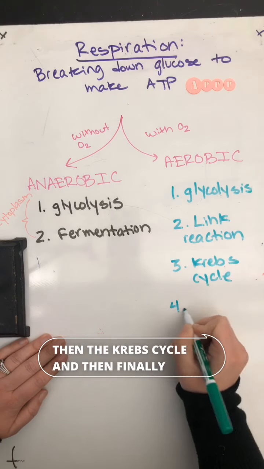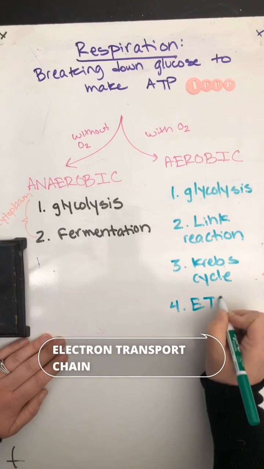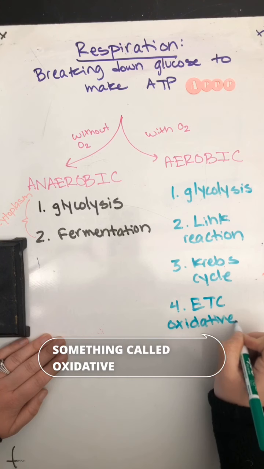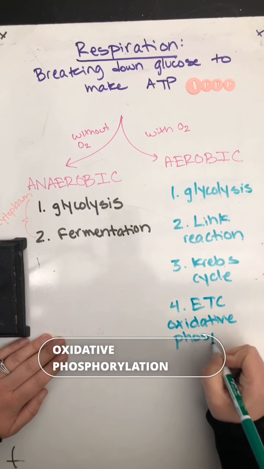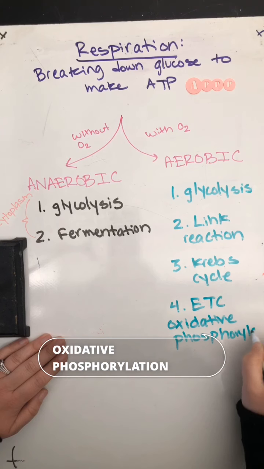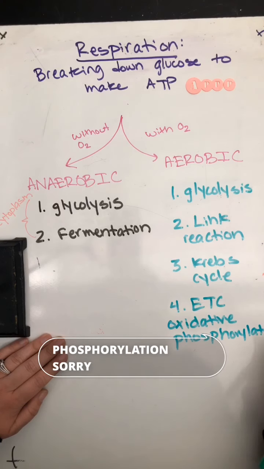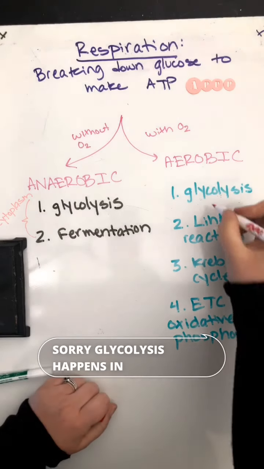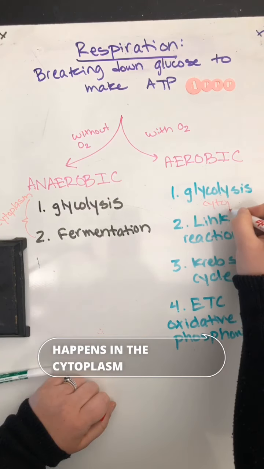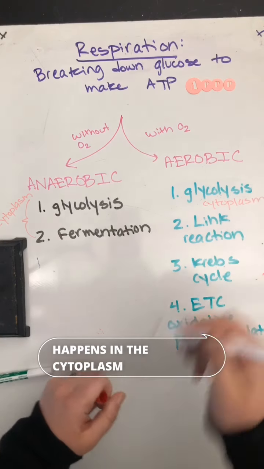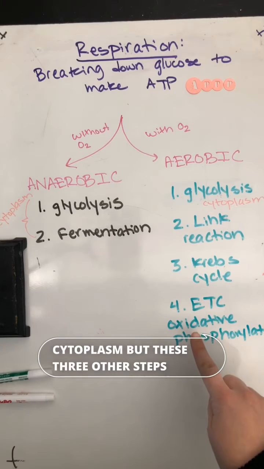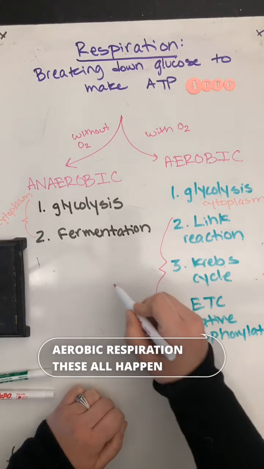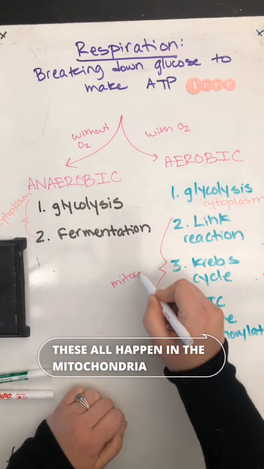And then finally, an electron transport chain, which does something called oxidative phosphorylation. Glycolysis happens in the cytoplasm. But these 3 other steps of aerobic respiration, these all happen in the mitochondria.